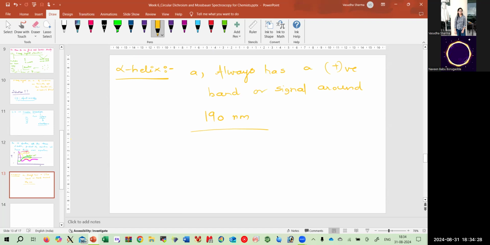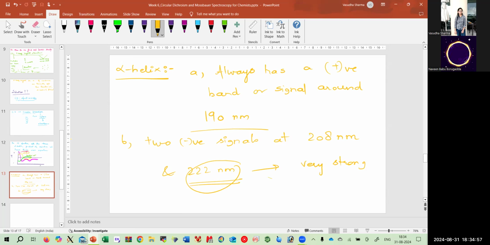The second point for the alpha helix is it would always show two negative signals at 208 nanometer and 222 nanometer. This is a very strong absorbance with very high intensity, so it can be easily seen in the CD spectrum.